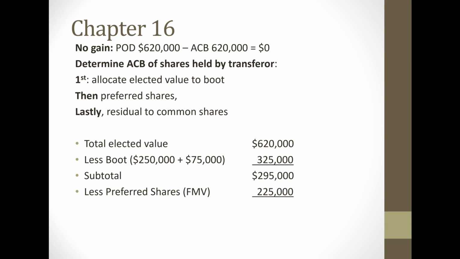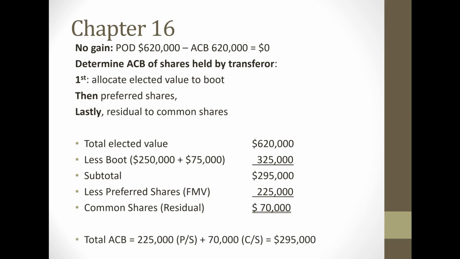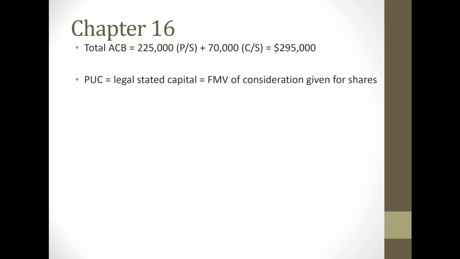And then any residual amount, which in this case is $70,000, will be allocated to the common shares. So that's how the adjusted cost base will be determined. The total adjusted cost base of both the preferred and common shares will be $295,000.